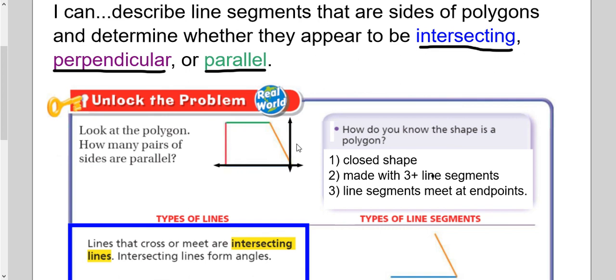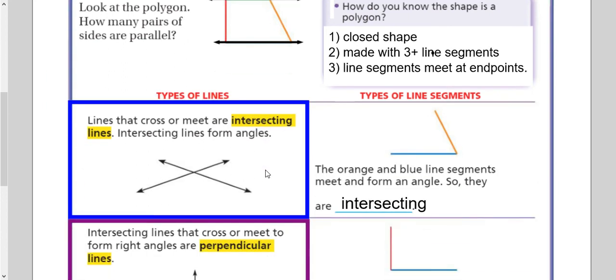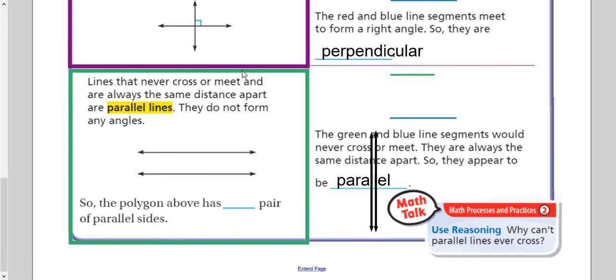What about here? Nope, that's not going to do it. What about here and here? You bet. The base or the bottom and then the top right here, they are parallel lines. So what do we have down here? It has one pair of parallel lines.